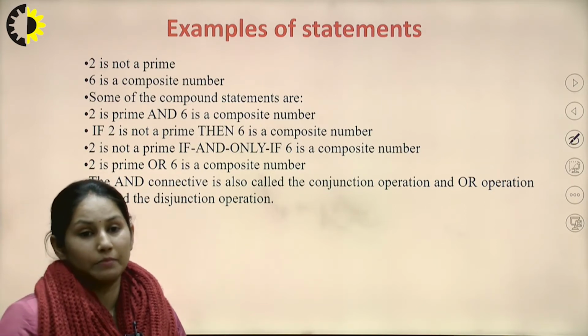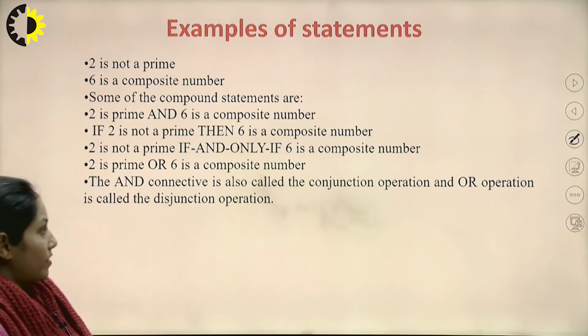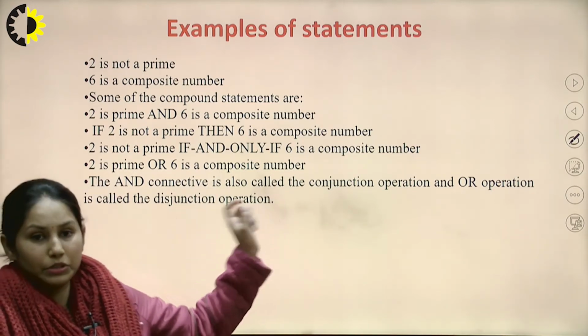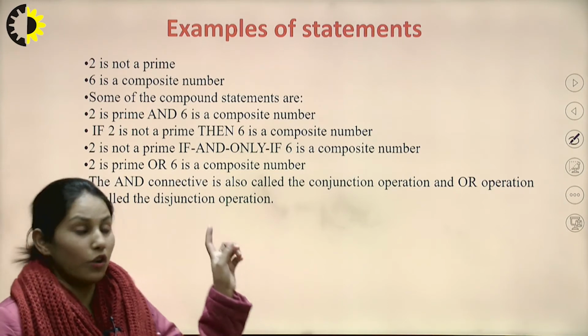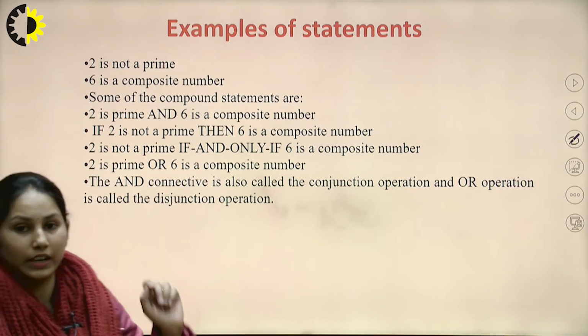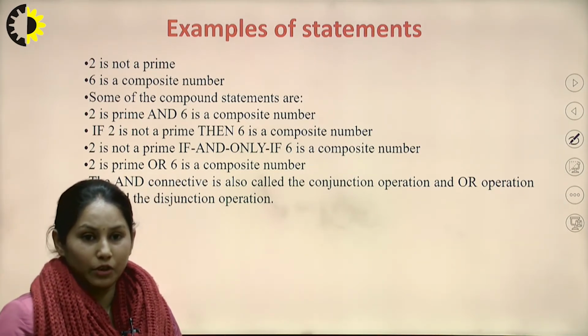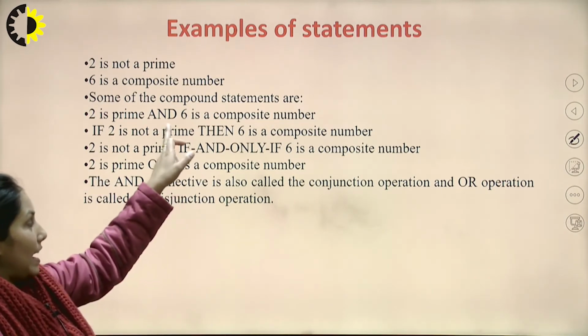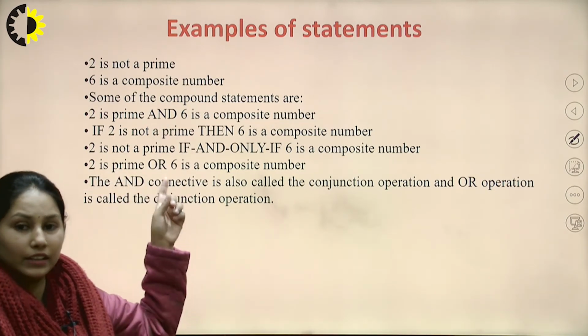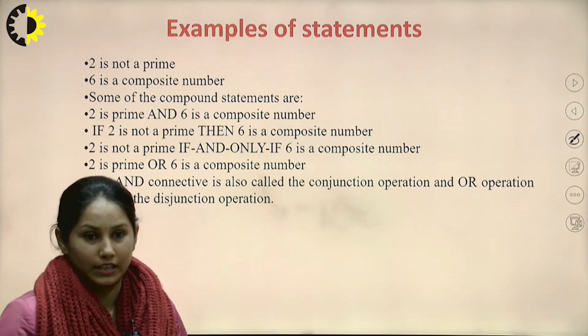The next example is "2 is prime or 6 is a composite number." So in this particular statement, the word or is the connective. As we have already seen, in the previous example the and is the connective, and in this example or is the connective.